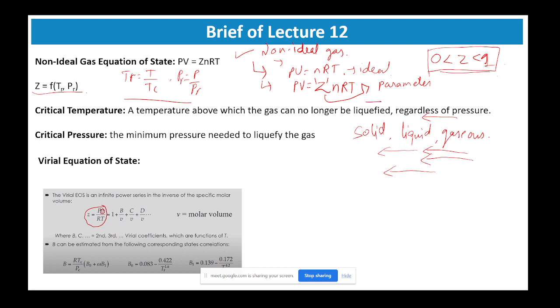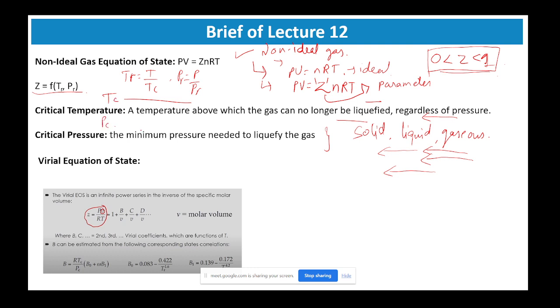So this is the temperature above which, regardless of what pressure you exert, even if you increase the pressure too much, there will not be any liquefaction. Okay, similarly the pressure corresponding to that point is nothing but critical pressure. So critical pressure is, if you want to liquefy a gas, the minimum amount of pressure that is needed. Now this is denoted by TC and this is denoted by PC.